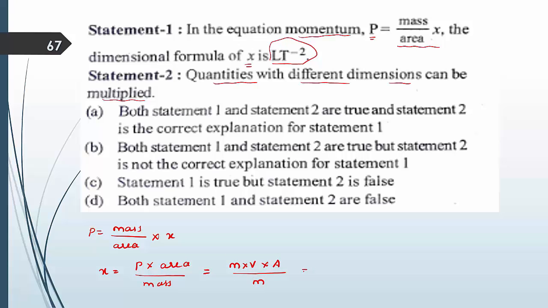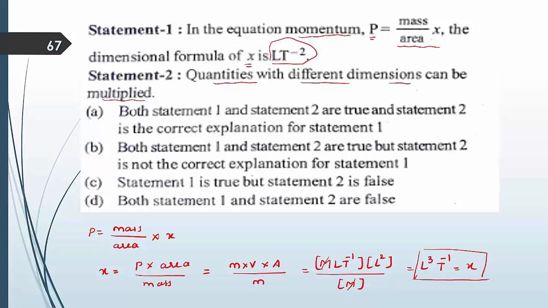So here we can write m into v. V means velocity. Velocity dimension is LT^-1 into area is L square divided by m. So here m will get cancelled. We will get L cube T^-1. This is the dimension of x.